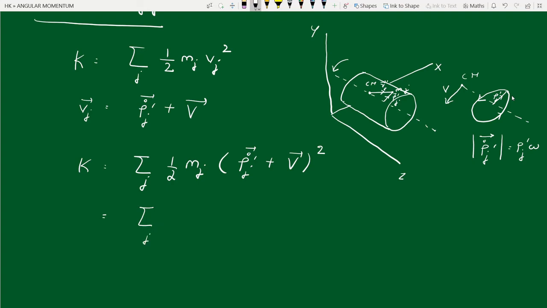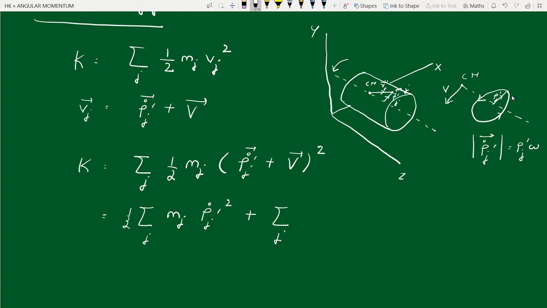So the first term is half mj rho j prime dot dot rho j prime dot, which is rho j prime dot square, plus the next term is summation over j. We have rho j prime dot product with V plus V dot rho j prime dot. So these are the same, so we get twice rho j prime dot dot V.